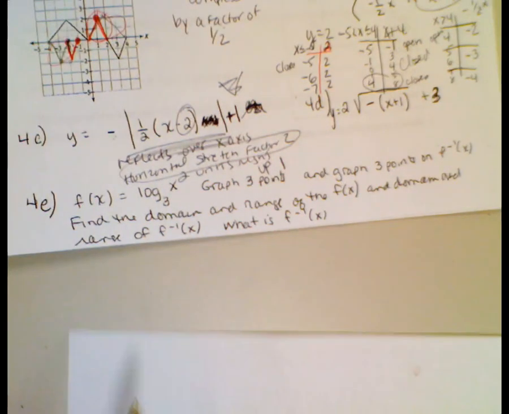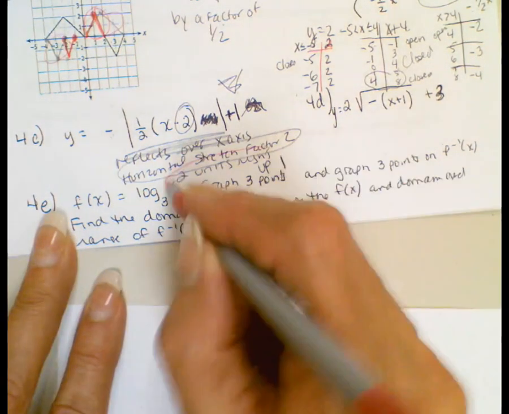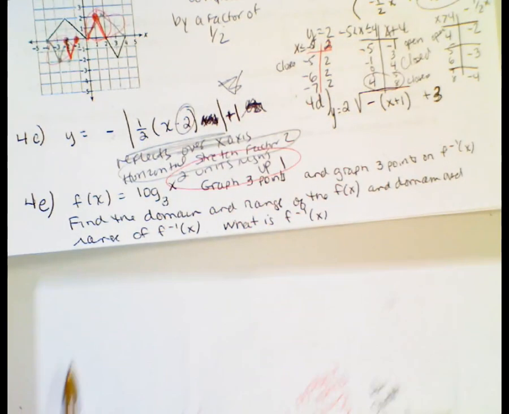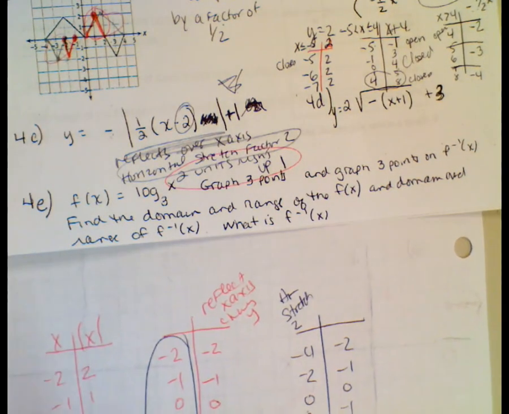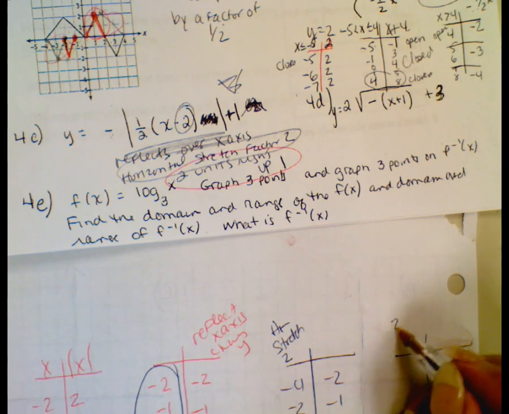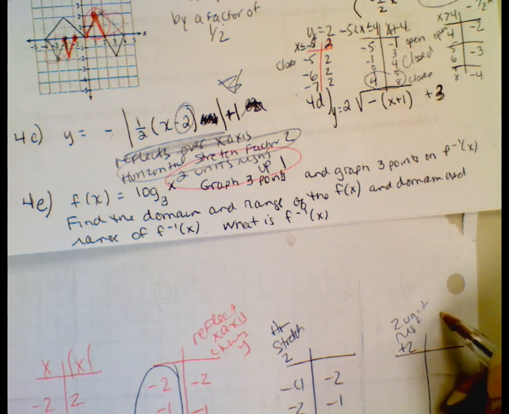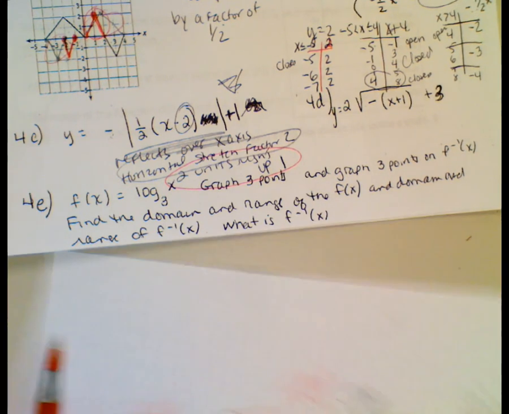So now I'm on 2 units right and 1 unit up. I usually do these together. If I'm doing 2 units right, I would add 2 to these, and 1 unit up, I would add 1 to these.